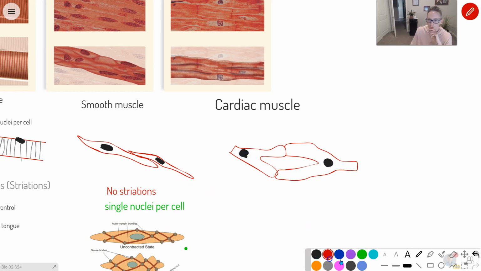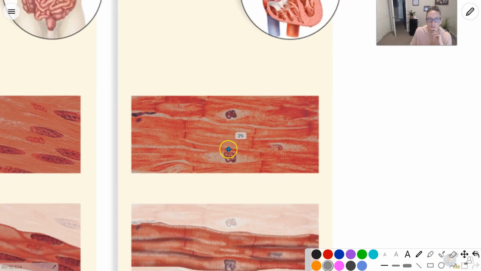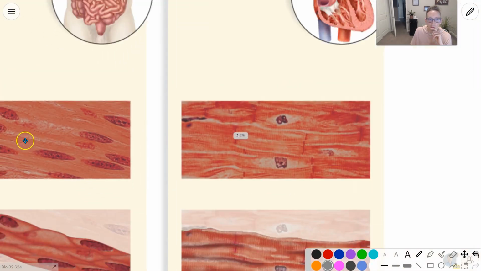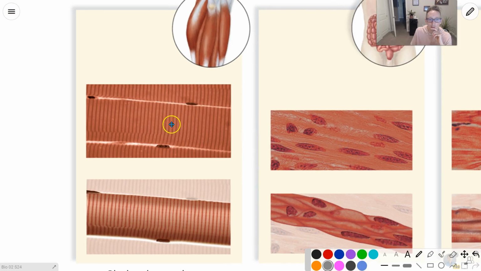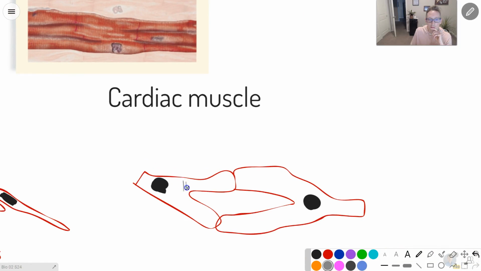However, different from smooth muscle cells is that they will have striations. So you can see these striations in them, actually. You see those? Pretty nifty, whereas you don't see those in smooth muscle, but you do see them in skeletal muscle. So these striations are present.